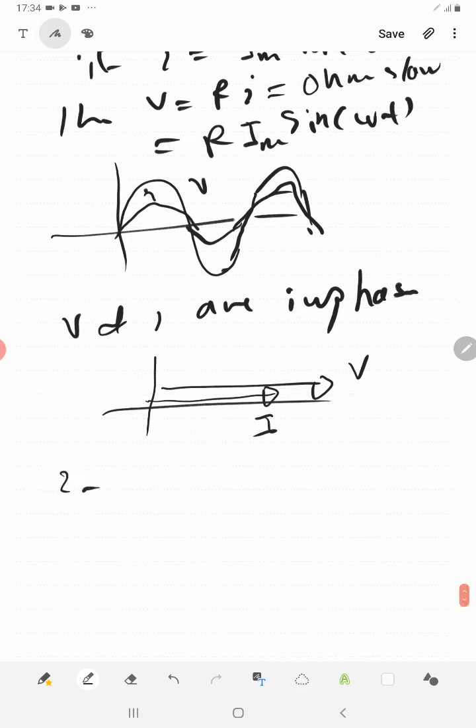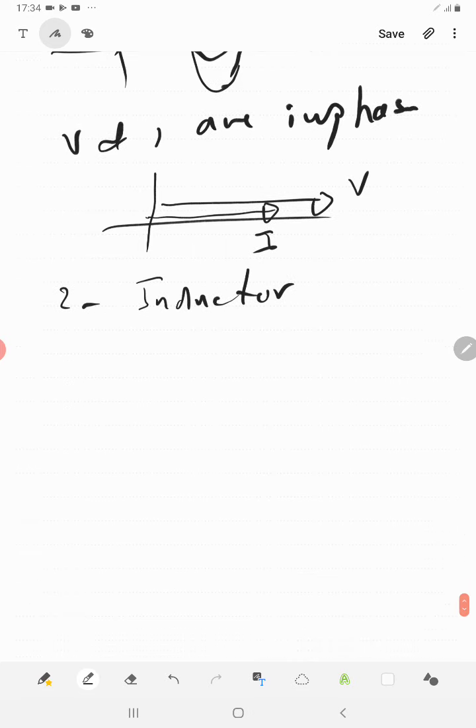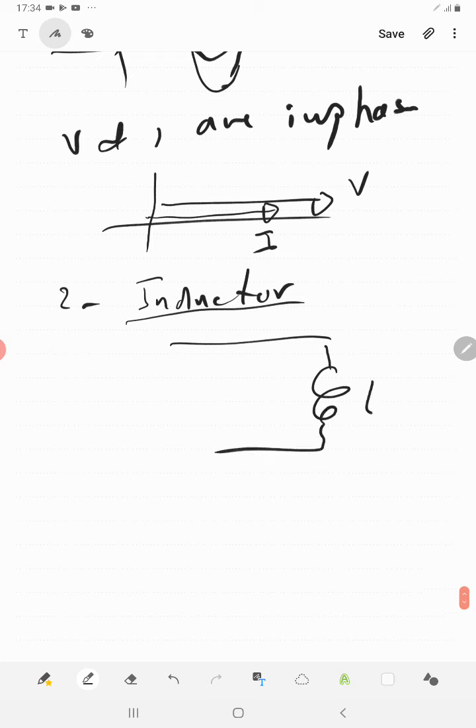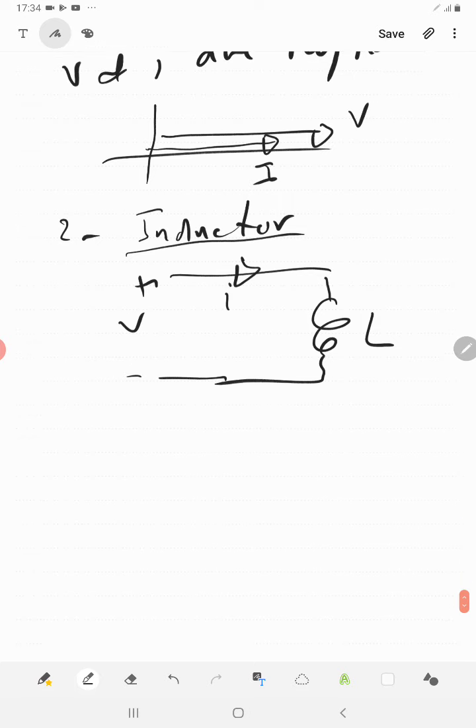Now, if we take an inductor, this is an inductor, L, plus minus V, and this is I. Now, V is equal to L di per dt.